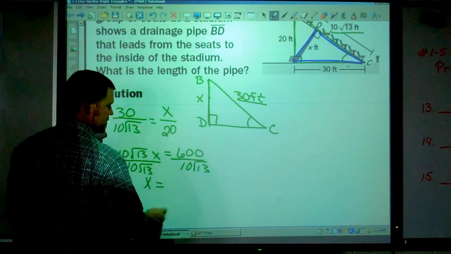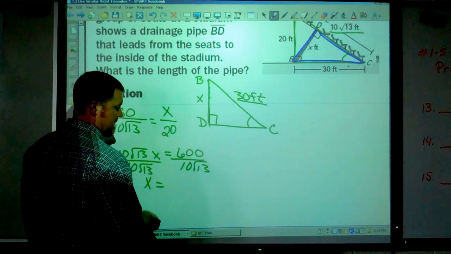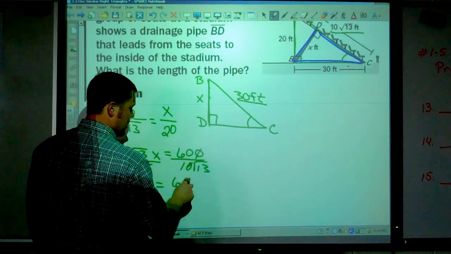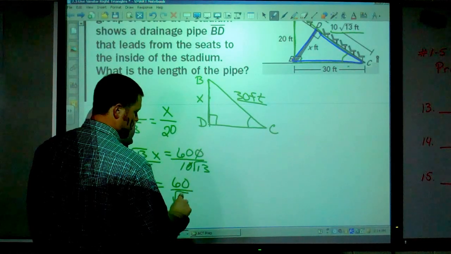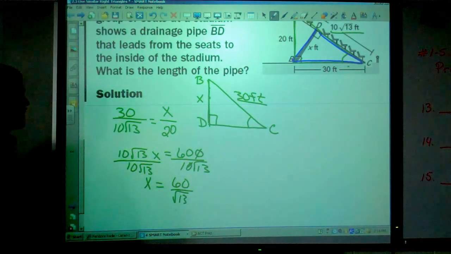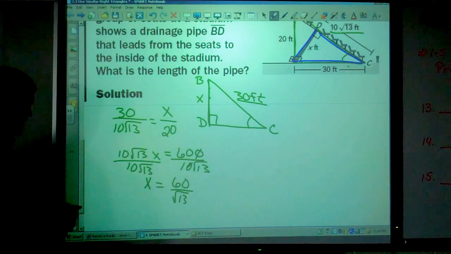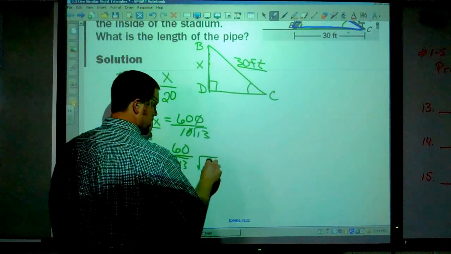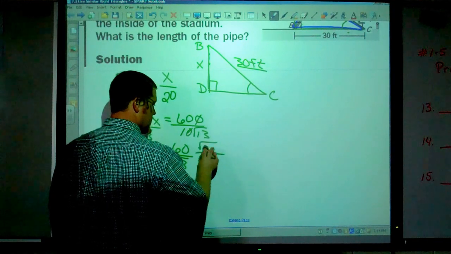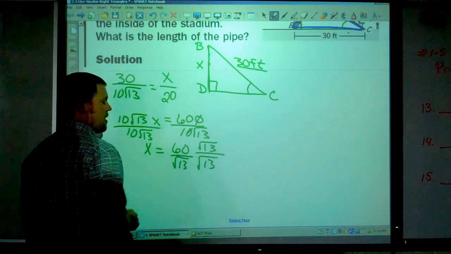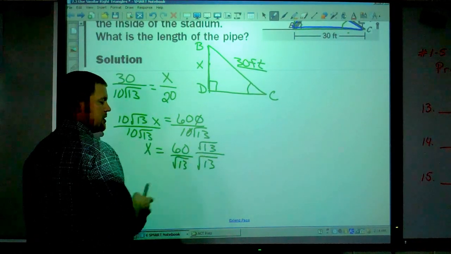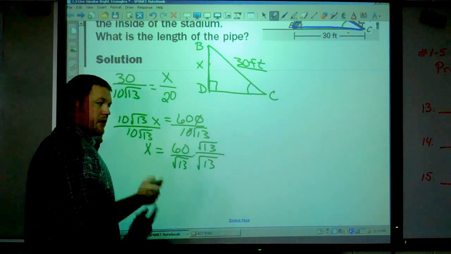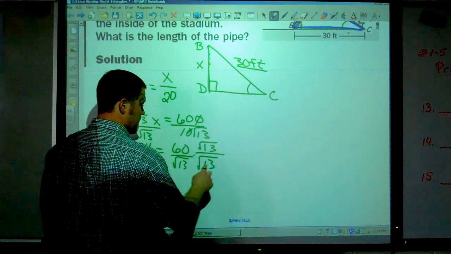So x equals, we can divide by 10, so we get 60 over square root of 13. Now, one thing with a square root, remember back to your algebra days, you cannot have a square root in the denominator, so we multiply by square root of 13 divided by square root of 13. A number divided by itself is 1, and anytime you multiply by 1, you're getting the same number, we're just changing the way it looks. So what do we get?